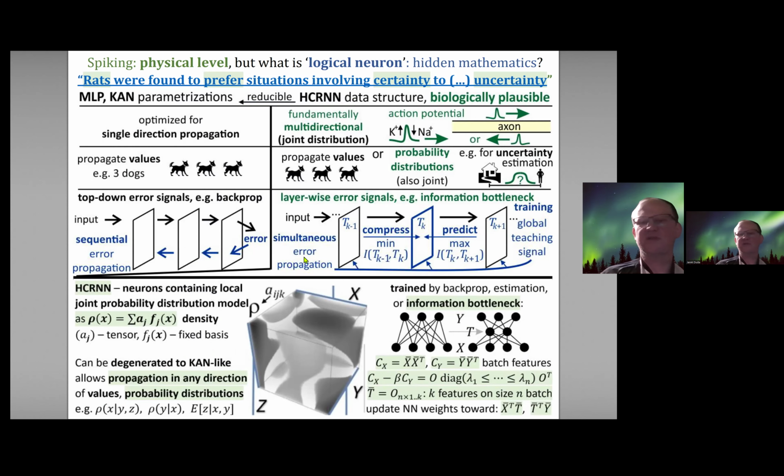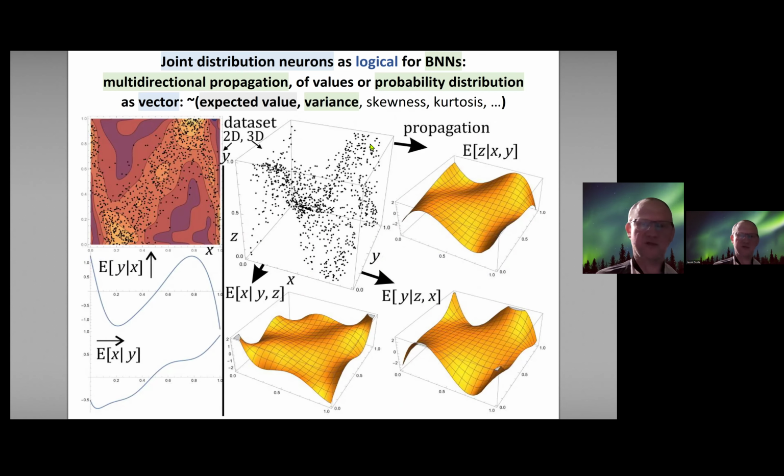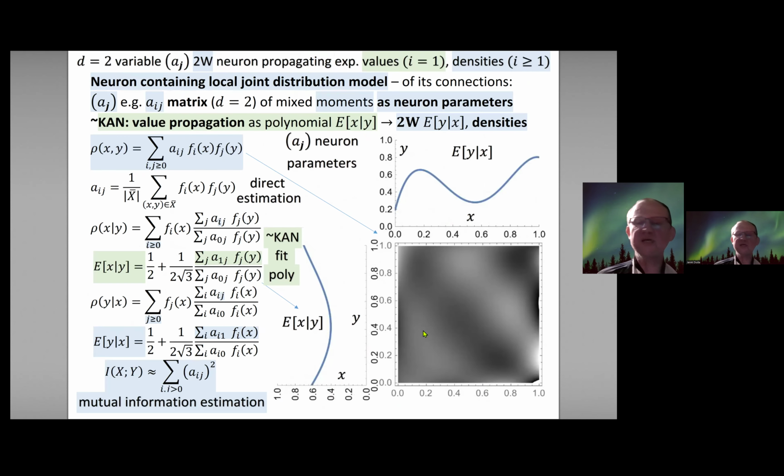We can also use this information bottleneck, so they also work on probability distributions. So I think this approach is very biology-like. Here is in 3 dimensions, similarly, and here are the formulas for 2 dimensions. The parameterization is very simple. This joint density is just a linear combination of these parameters.